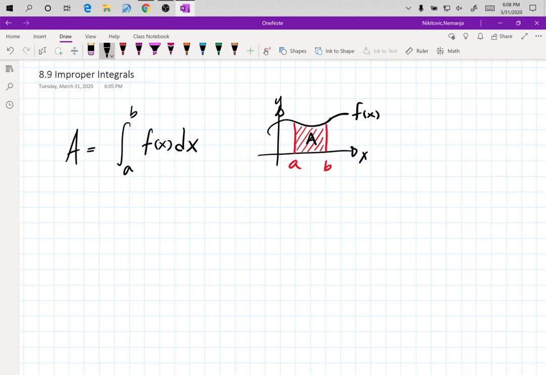And the question is, what if the area is in some sense leaking? Let me give you an example. If you take the function e to the negative x, right?